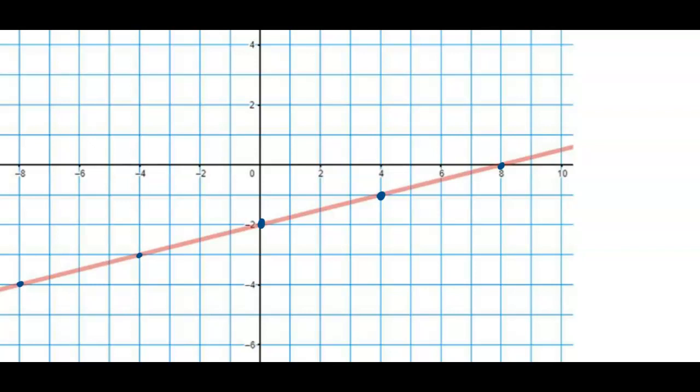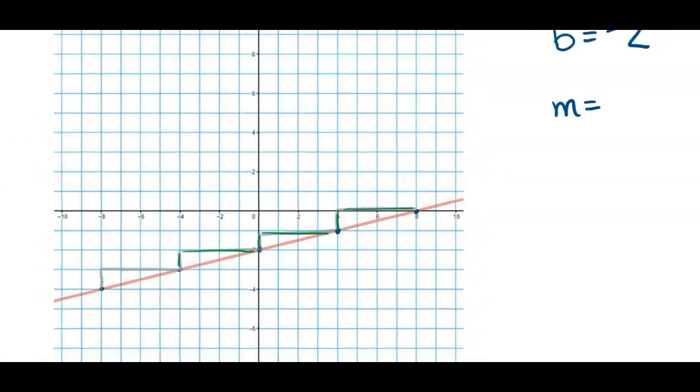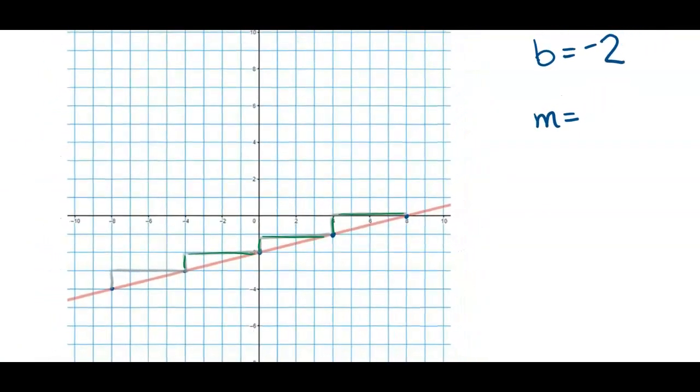There's my dots. Here's my stair steps. And then let's count the size of each of these stair steps. Each one is going up 1 unit and over 4 units. So my rise is 1, my run is 4. How should I write my slope? My slope is going to be 1/4.